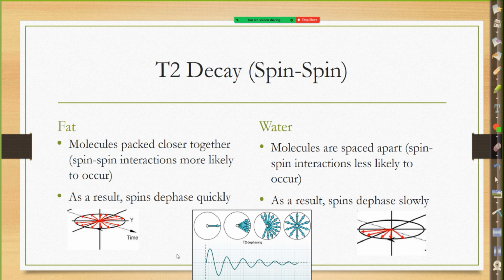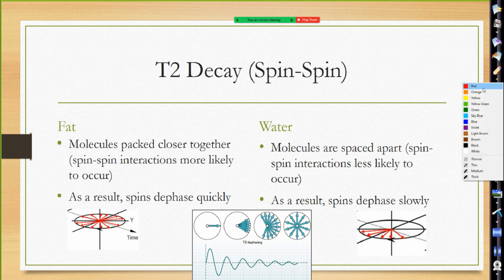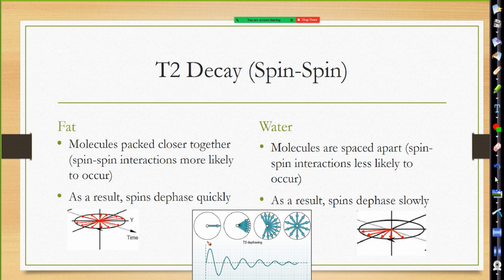And what is this little image? Free induction decay. Remember that from last unit. This is your free induction decay, and that's where we get that drawing and that graph. It's really just charting the signal as it goes down.